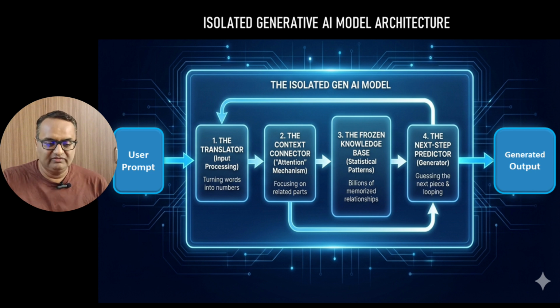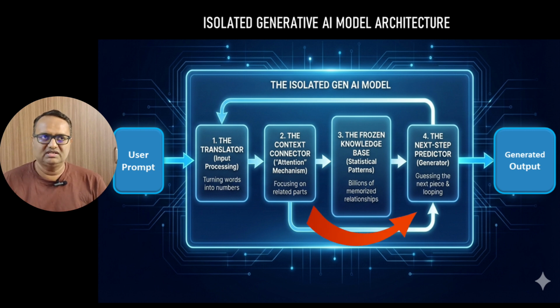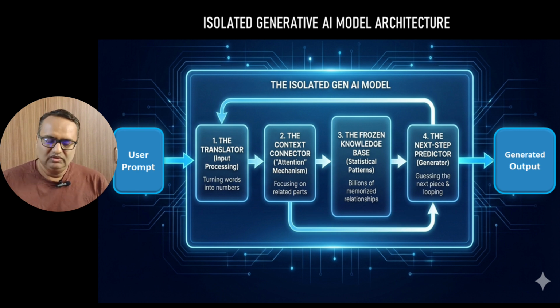Once it is sent, it also focuses on the related parts, and what the next part to be predicted is. So it goes to the next step prediction, which gives a cue on what the next step should be, while getting the highest probabilistic match from the frozen knowledge database to use for generating the content.